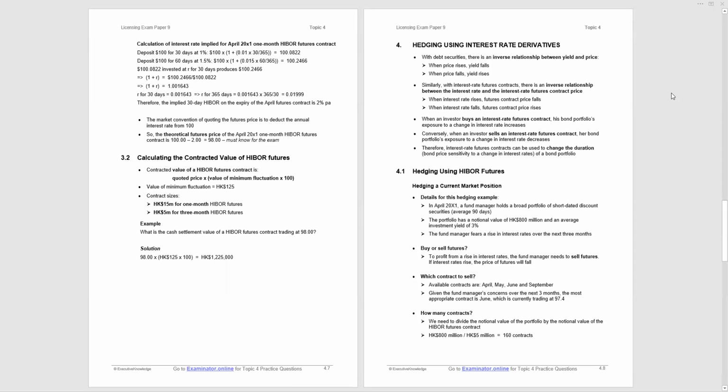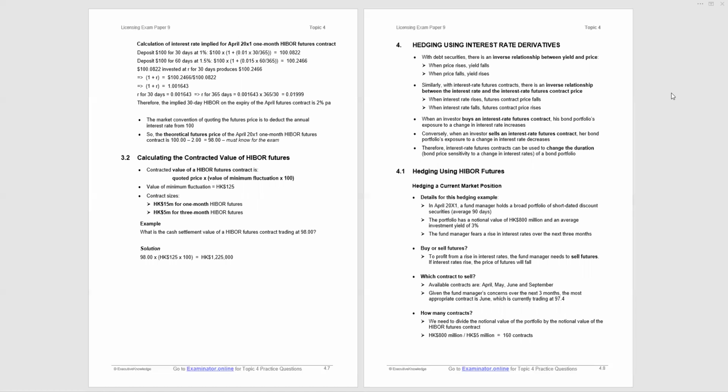And we can run through the calculation really just from a theoretical point of view. So if we deposit $100 for 30 days at 1%, we will get 100.0822. If we deposit $100 for 60 days at 1.5%, we'll get 100.2466.